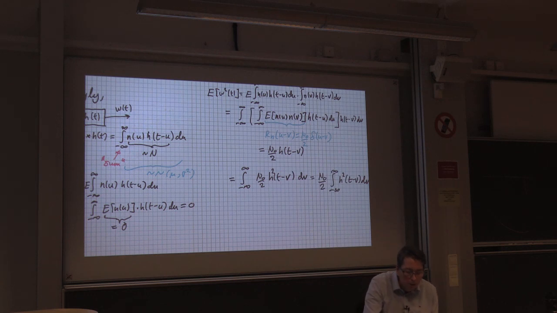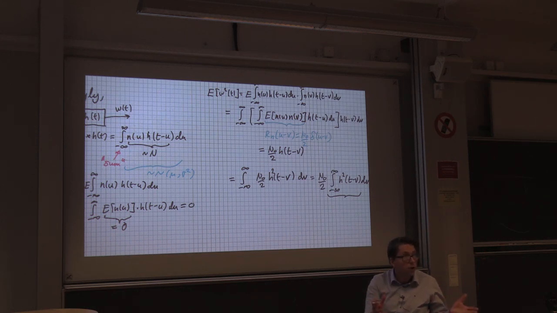Finally, what is this? It's a property of the pulse h, namely its energy, exactly. The fact that we have shifted this a little bit along the t-axis or v-axis doesn't matter at all.